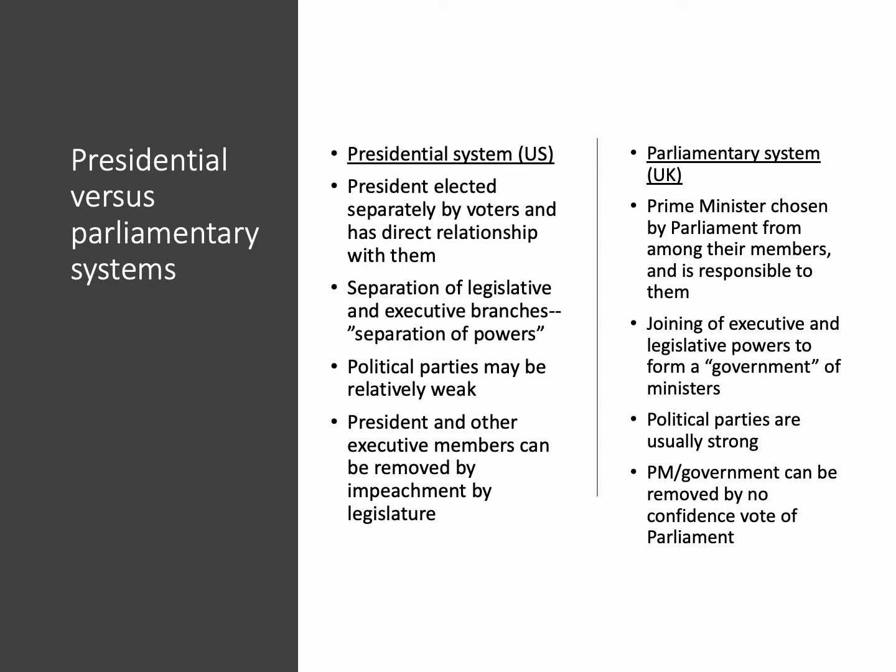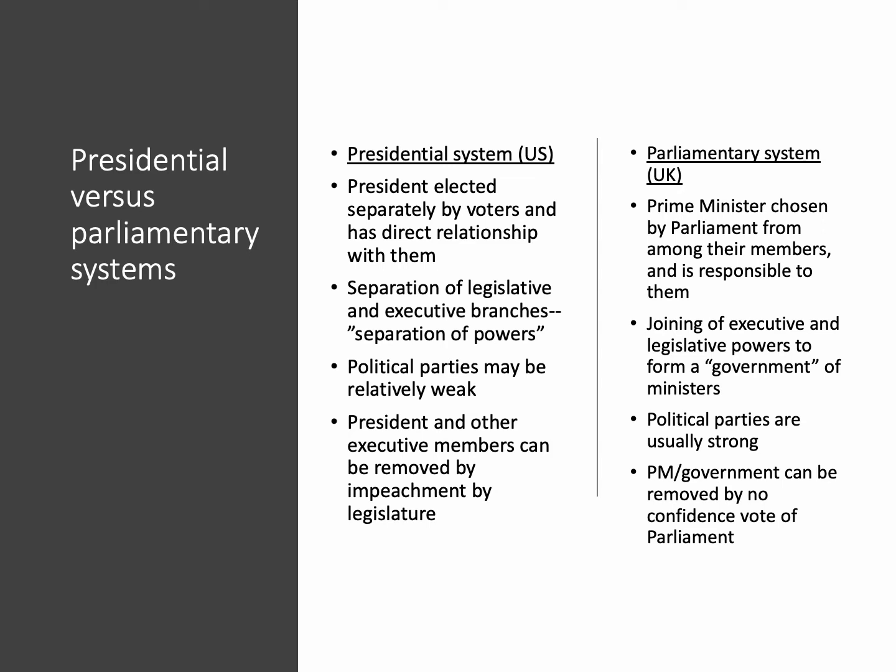So in the UK, the prime minister can be removed by the legislature just by a vote of no confidence. Now in our system, of course, it is true that presidents can be removed by impeachment, but that is an extraordinary remedy.